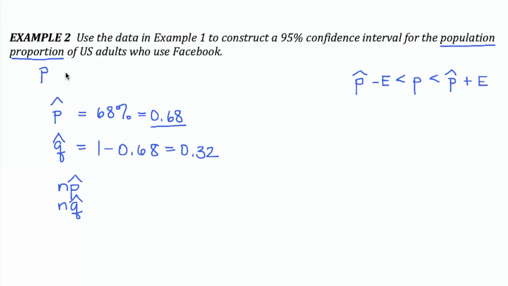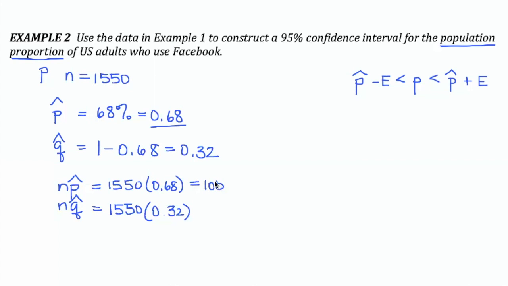In our example, remember our sample size was 1,550. So I'm going to take 1,550 times 0.68 and also times 0.32. And you'll get 1,054 for the first value, you'll get 496 for the second value, and the important thing here is that both of these are greater than or equal to 5.